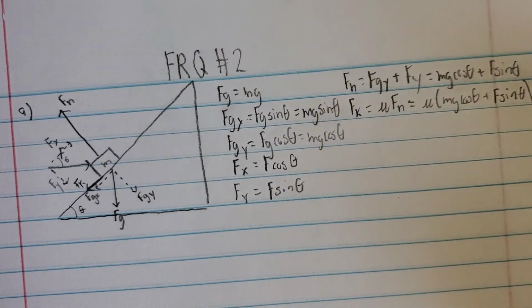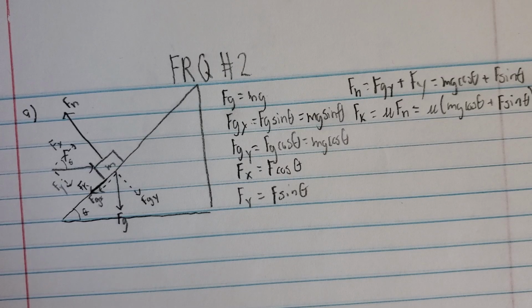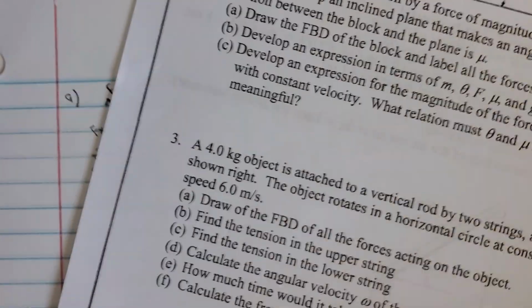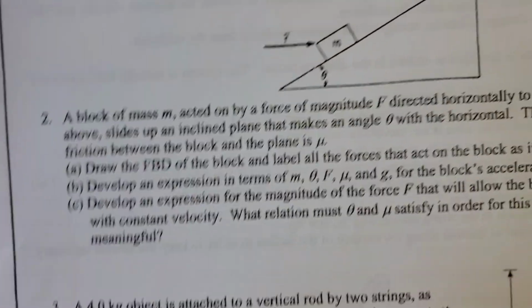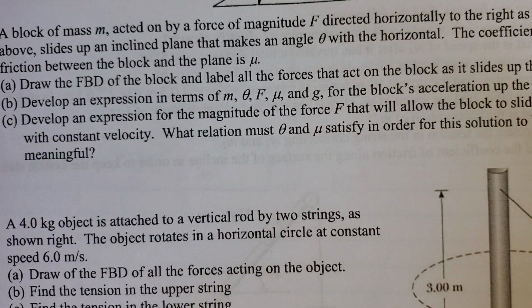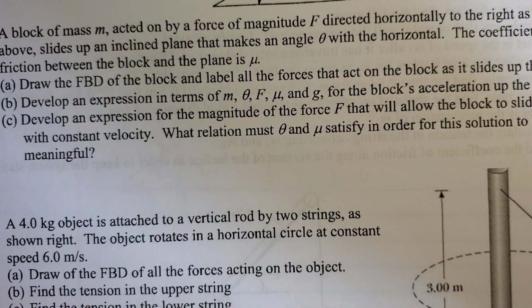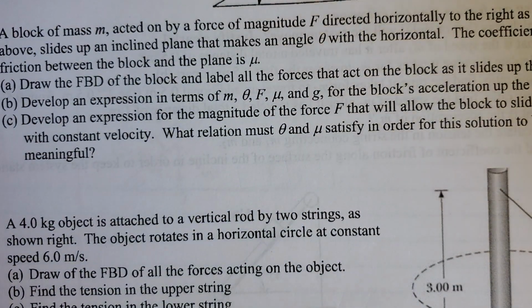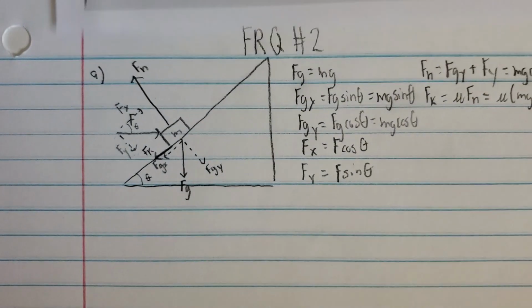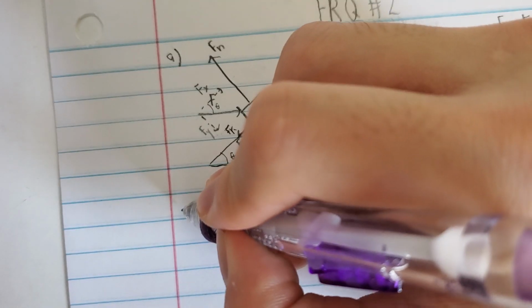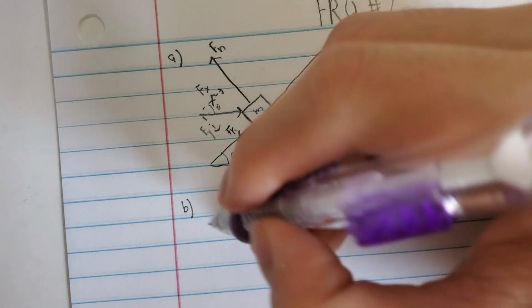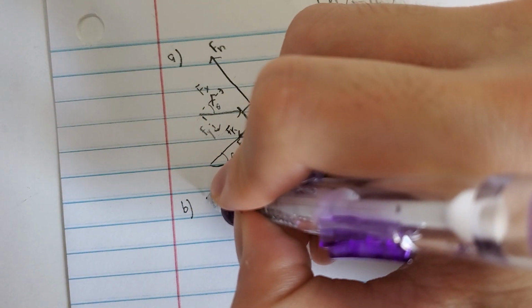Okay, so now I've defined all my forces. Now the following problem should be easy. So B tells me to develop an expression in terms of m, theta, F, mu, and g for the block's acceleration up the plane. So for part B, I'm going to use Newton's second law.